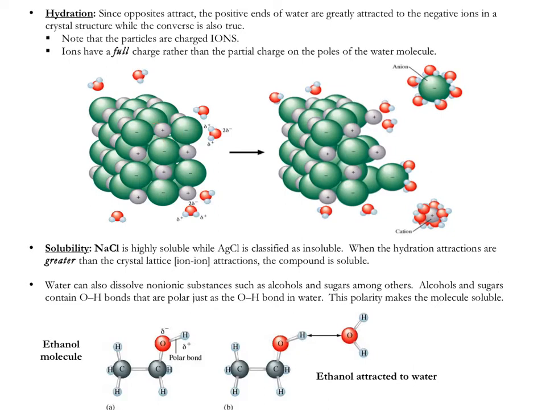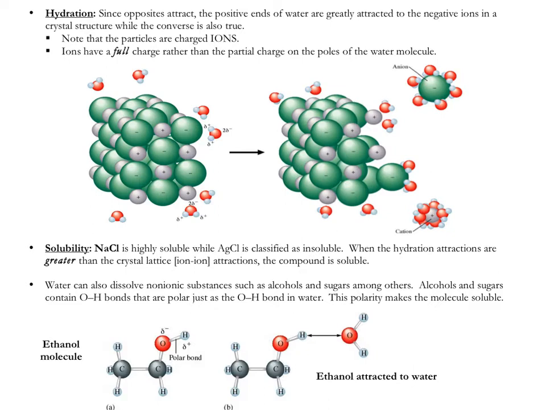We know that cations are positive, and we've got our negative anions here in that repeating crystal lattice pattern. We've got positive to negative, and these ions actually have a full +1 or -1 charge, unlike the deltas we were seeing, because they have either gained or lost an electron.